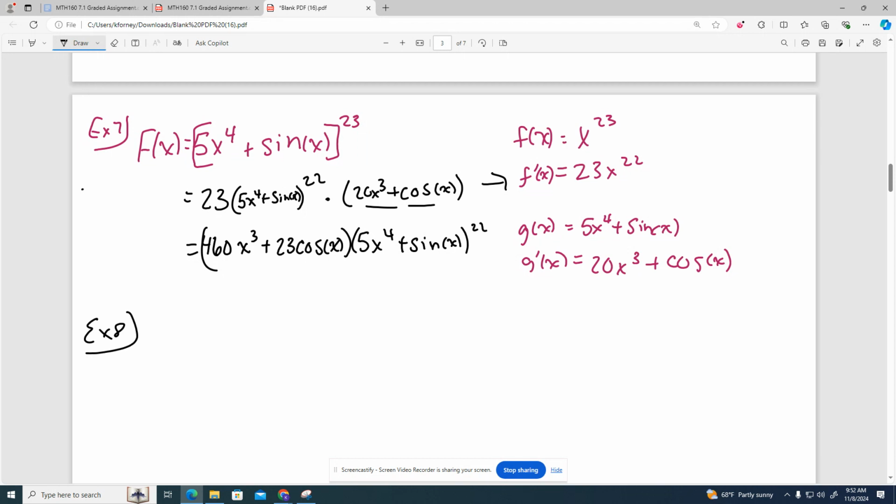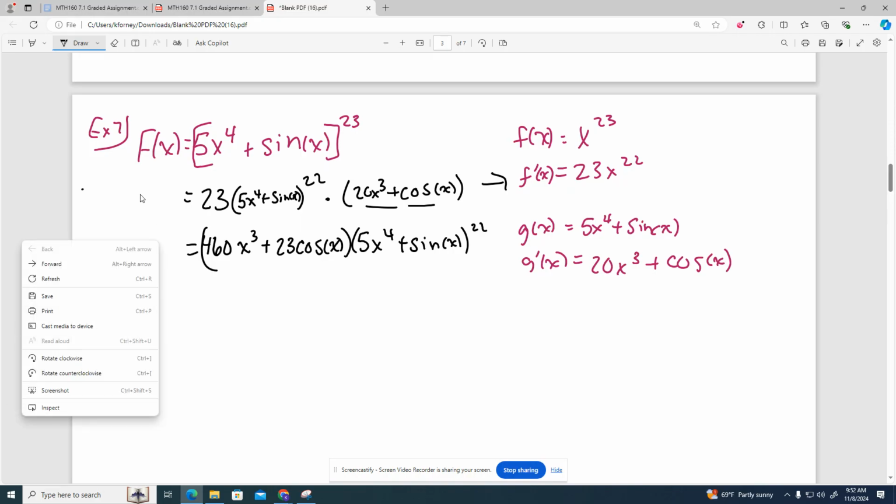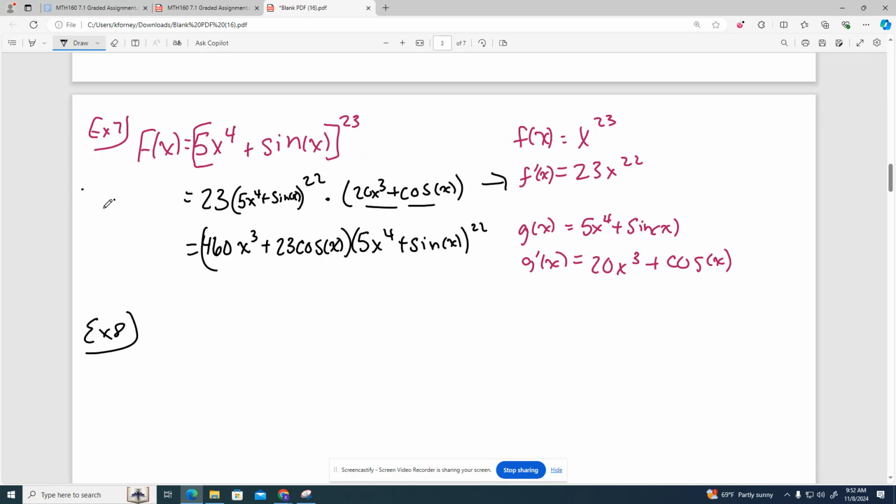How did you guys do on that? I didn't distribute because just multiplying by 23 was out of the question, right? I know, you told me. No, I did mine different. Oh, what'd you do? I distributed the 5x to the 4th plus sine x to the 22nd.